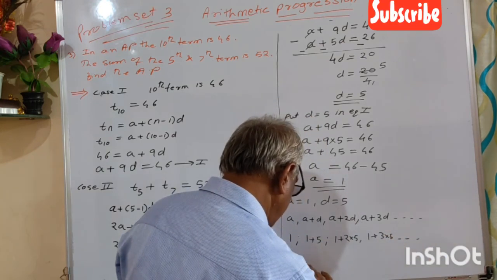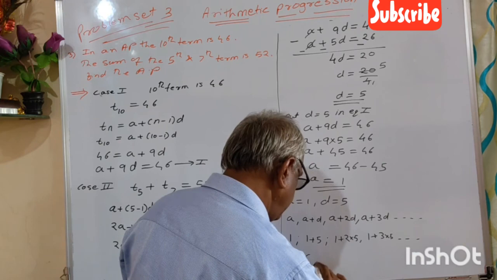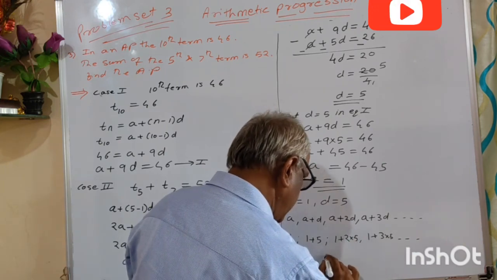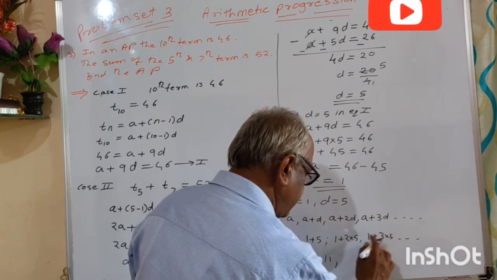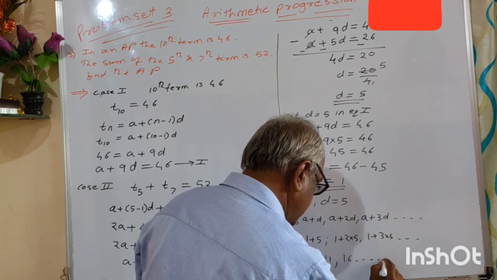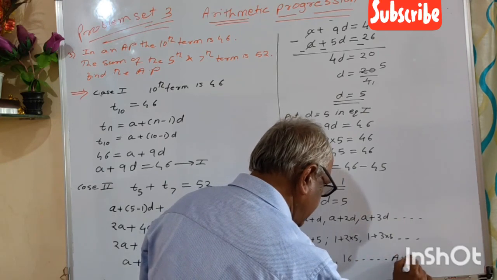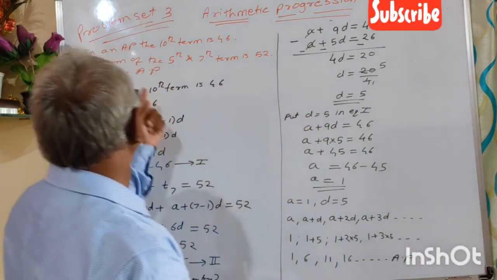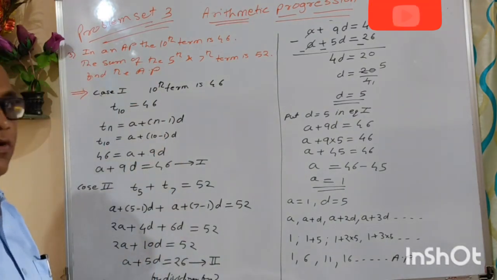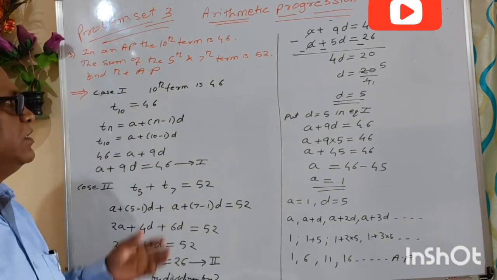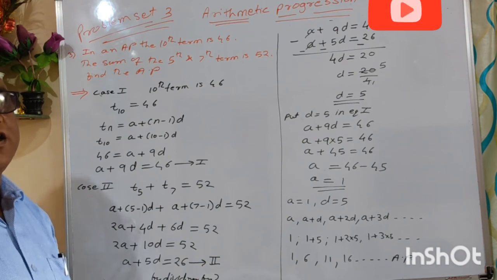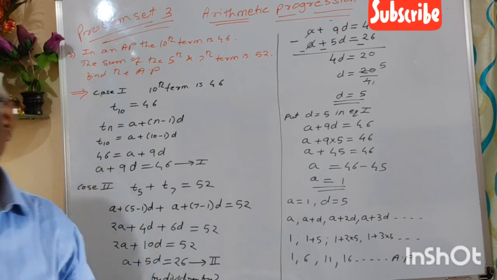So 1, 6, 2 5s are 10 and 1 is 11, 3 5s are 15 and 1 is 16, and so on is the arithmetic progression. Whatever answer we wanted, we got it. So you can take a screenshot and write it in your notebook.